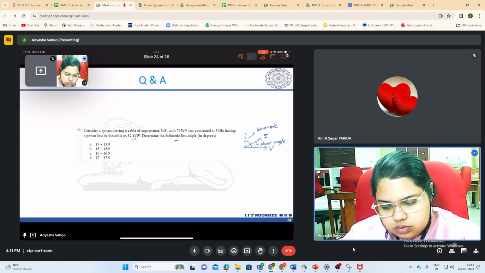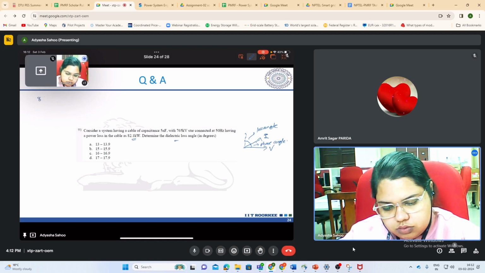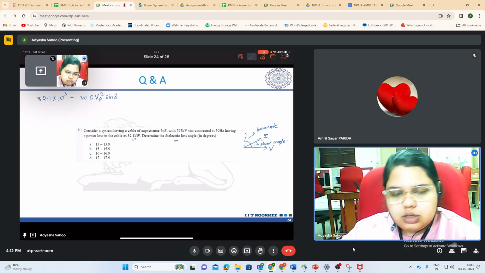Here the loss is given as 82.1 kilowatt, and that is equal to omega C Vp square sin delta.